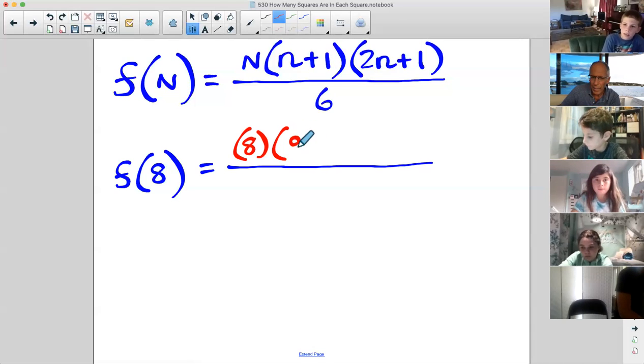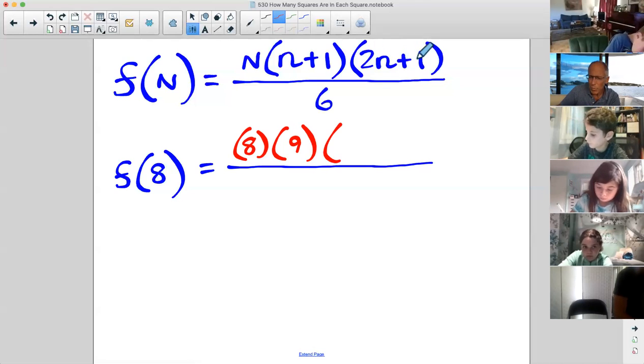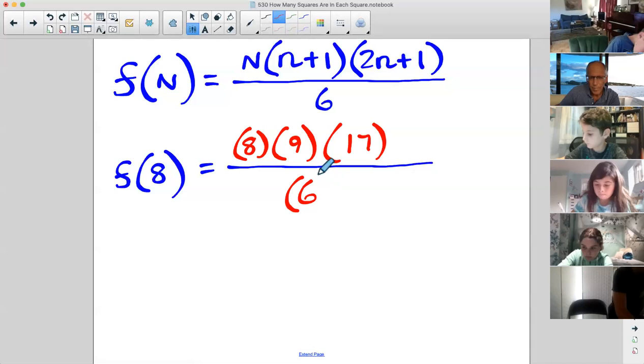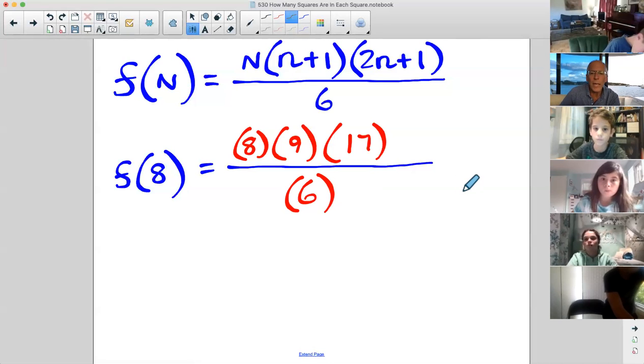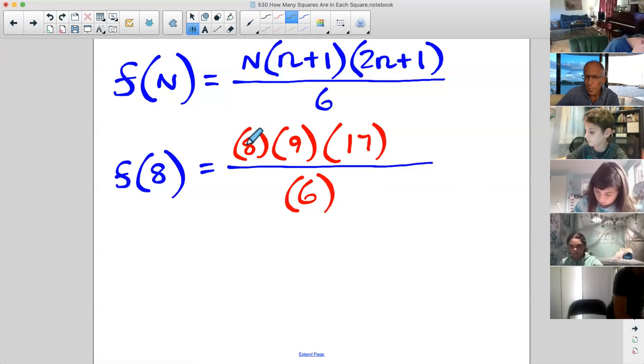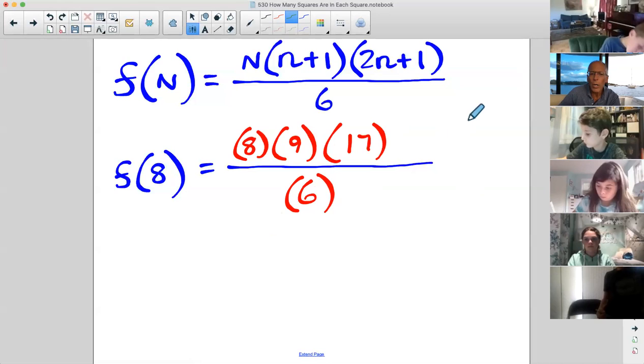And what is 8 times 2 plus 1? 17. Okay, divided by 6. Now, my question to you is this. Should we immediately multiply across 8 times 9 times 17 and then divide by 6? Or do you have a more efficient method?